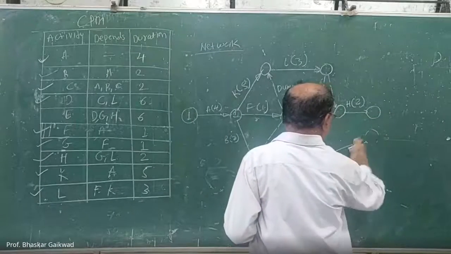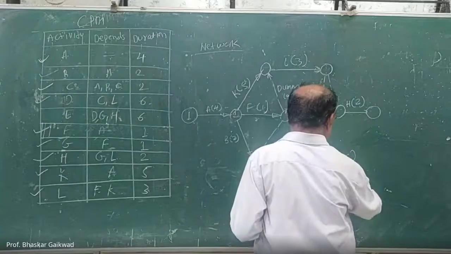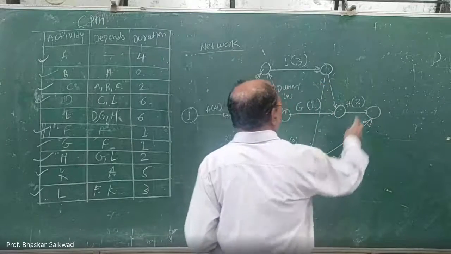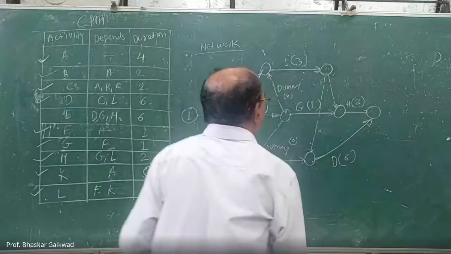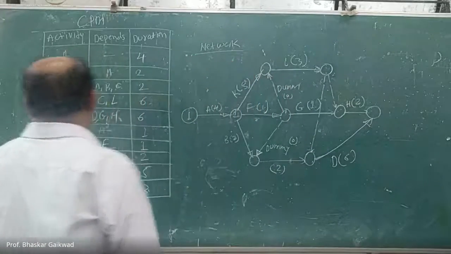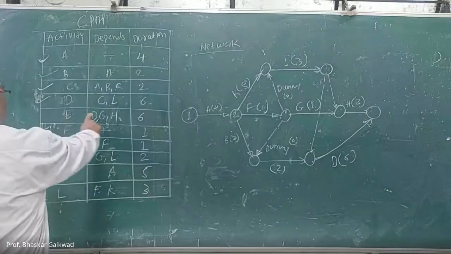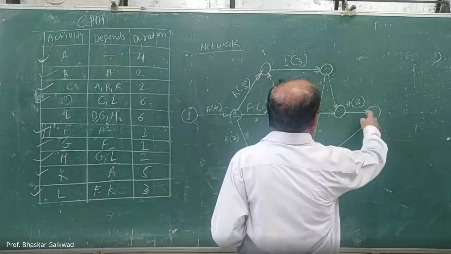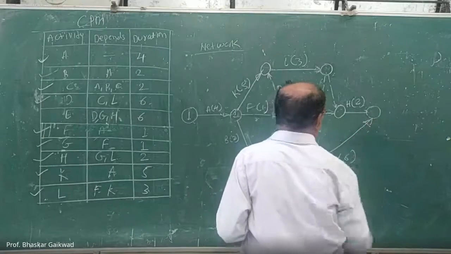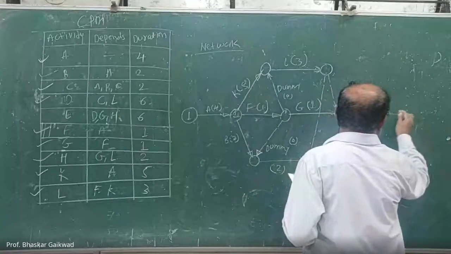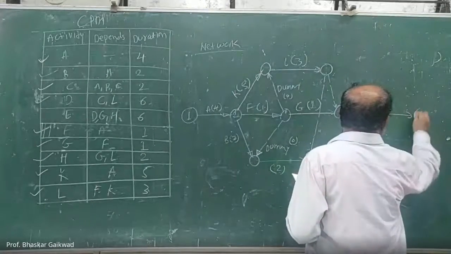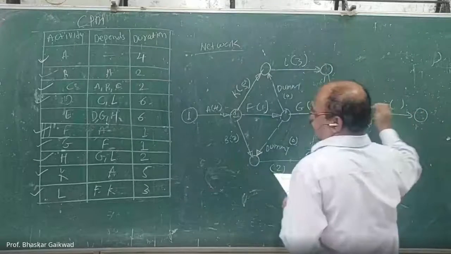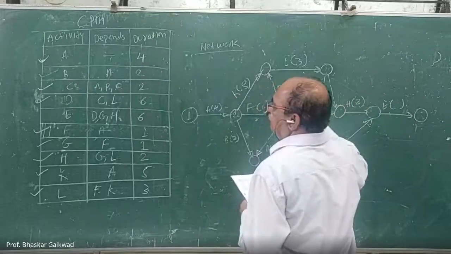So instead of this, you can make the D like this. Join there. So this is the H. Okay. Now last one, E will start from D, G, H. So D, G, and H are there. So here it is E. E will be there. And what is the duration of the E? 6.